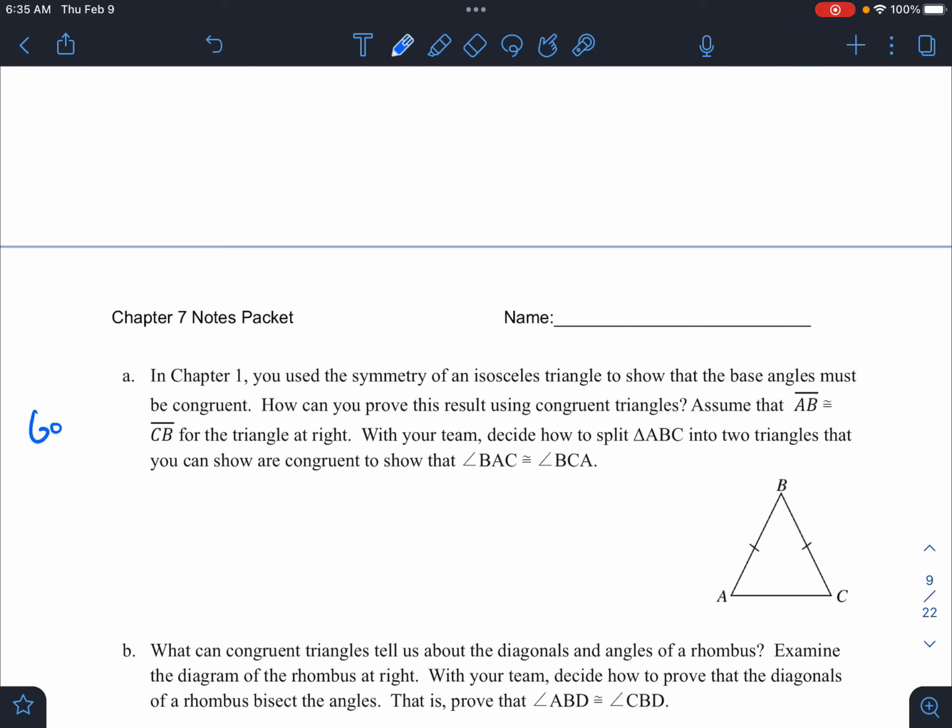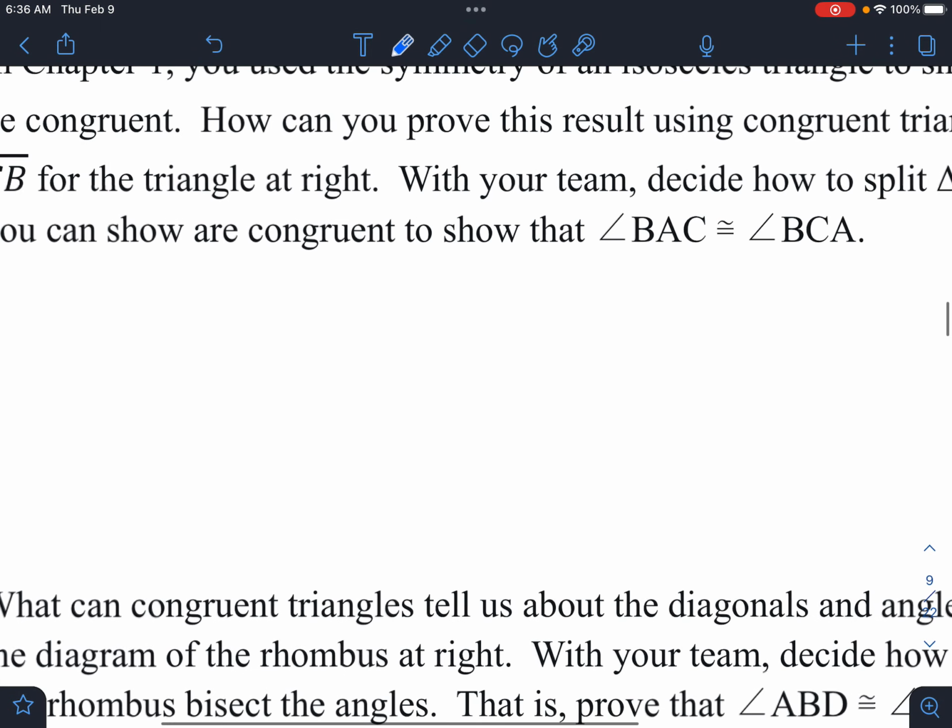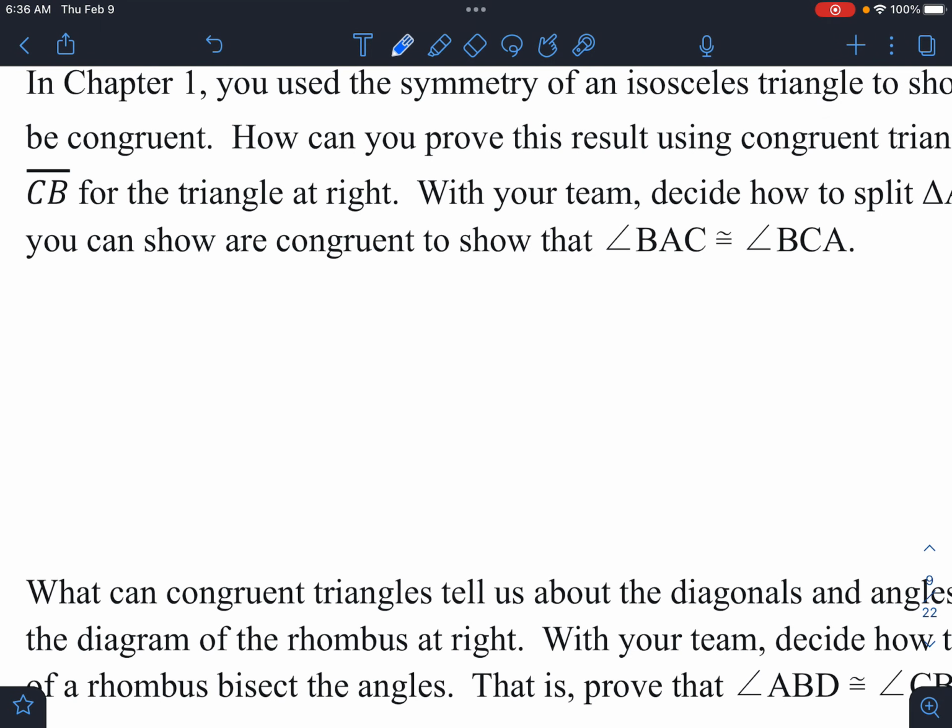So our goal with this is that angle A is congruent to angle C. Okay? So we're going to draw our line down through the middle here. That's not very middle, but hopefully you get the idea. Okay? And here's then kind of the flow proof that we have. And I'm going to write pretty small here to get it to fit in.